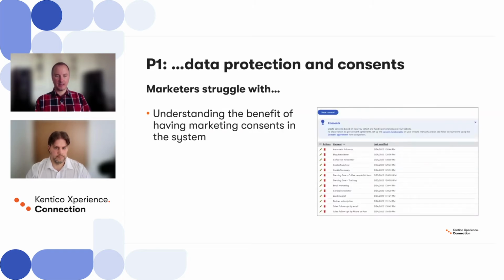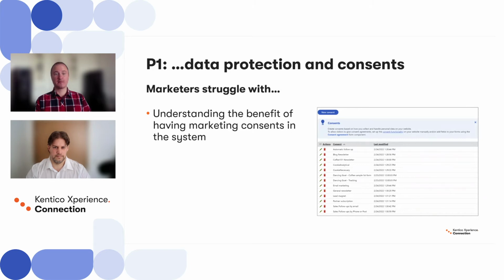And the same thing is for marketing consents in the system. Although you can optionally have a consent system outside of Kentico, having all this information in Kentico helps for several reasons.